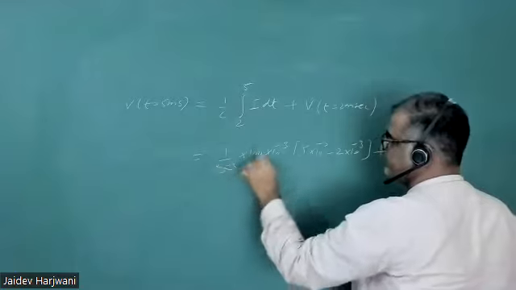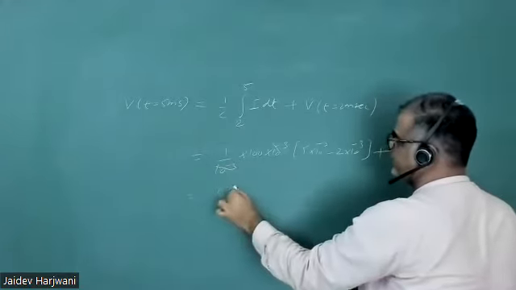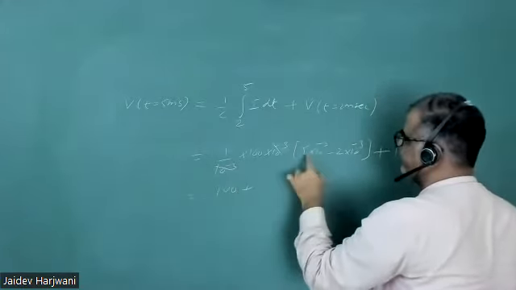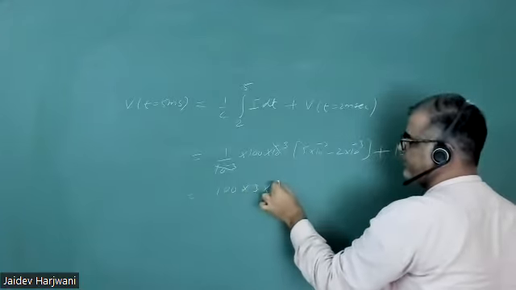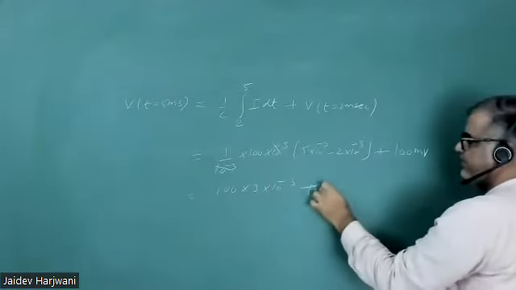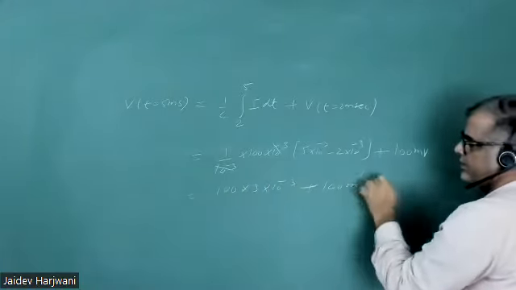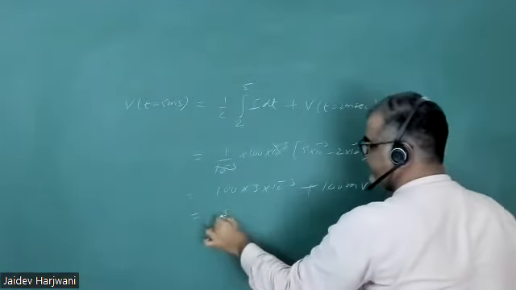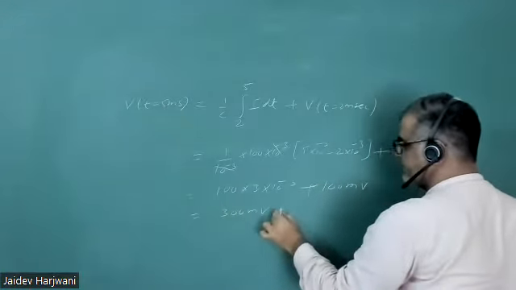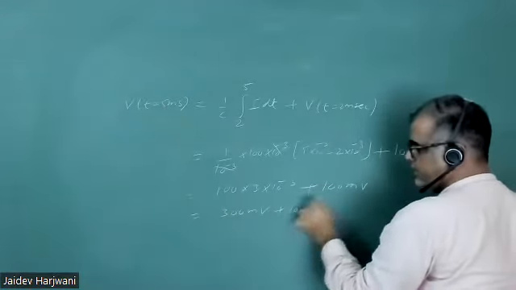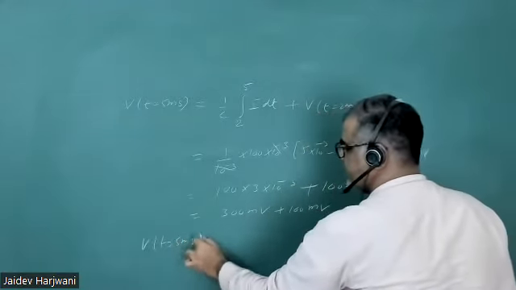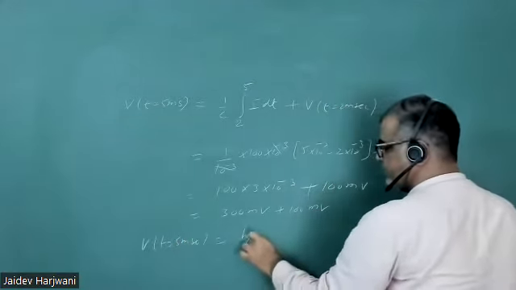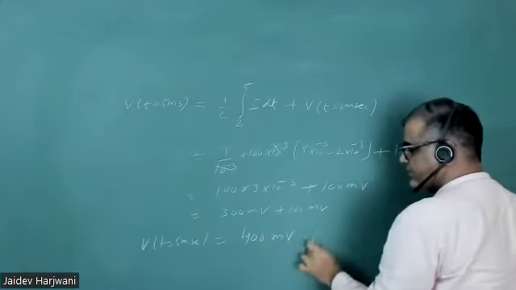This 10 to the power minus 3 cancels. You have 100 here, and 5 minus 2, 3. 3 into 10 to the power minus 3, and you have 100 millivolt. So this becomes 300 millivolt, plus this 100 millivolt. So V at t is equal to 5 millisecond is your 400 millivolt.